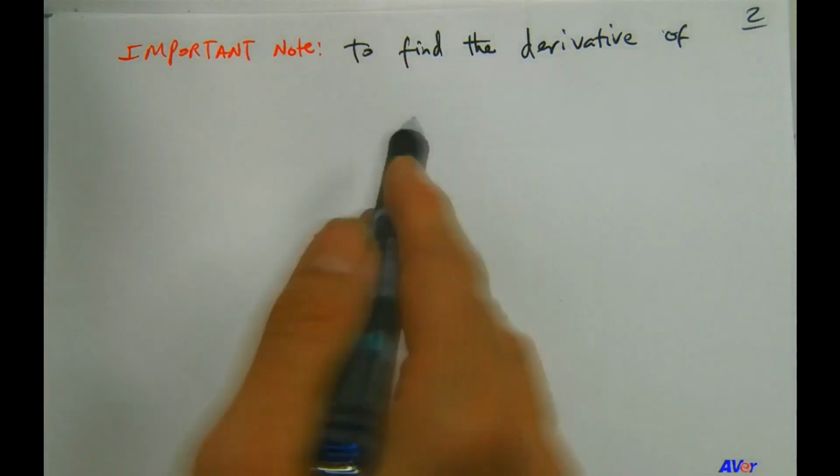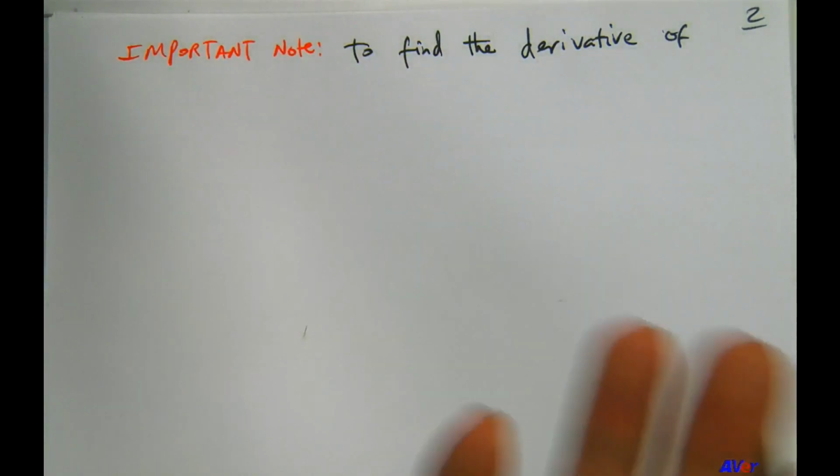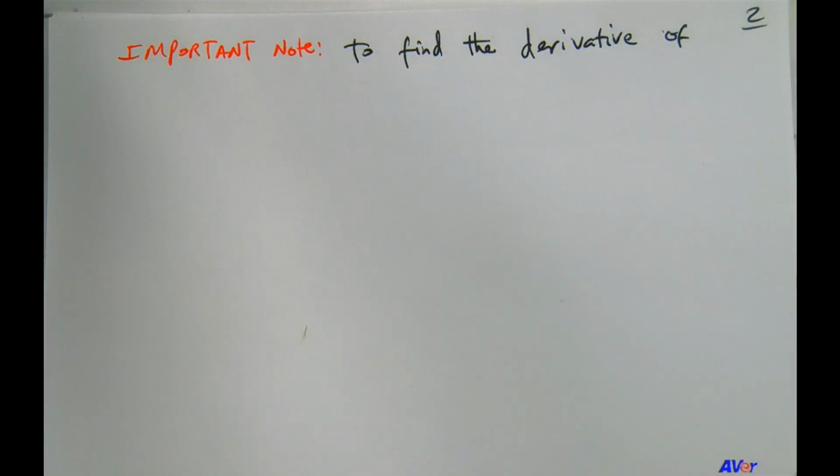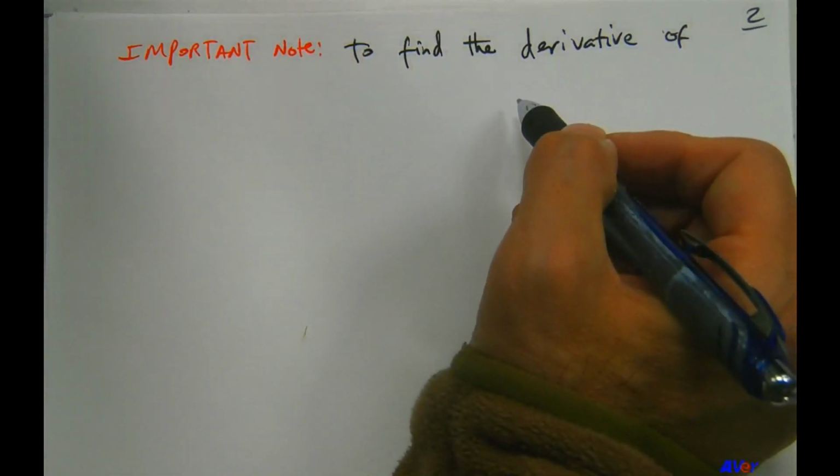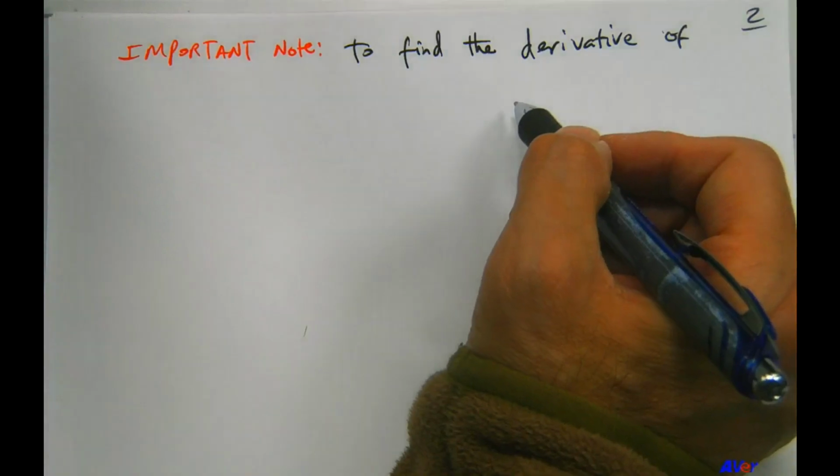But what if we just have an absolute value function with no natural log involved, or no log function involved at all? This important note is about finding the derivative of such functions.